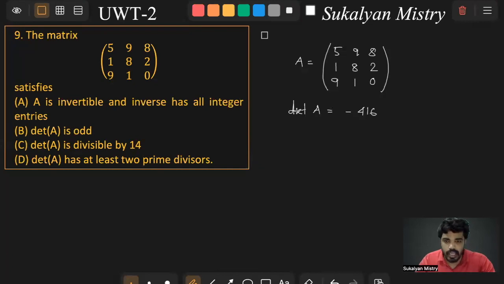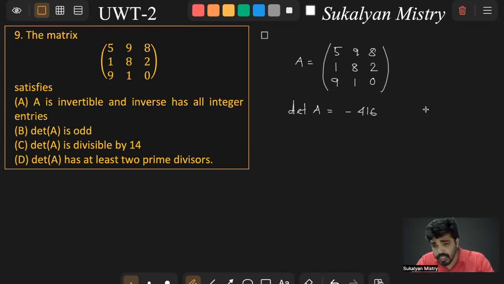Okay, এবার অপশন গুলো দেখো। A inverse is invertible, obviously A is invertible. Because determinant is not equal to 0, so obviously inverse of A exists. And inverse has all integer entries. এটা কি হতে পারে? That is not possible.